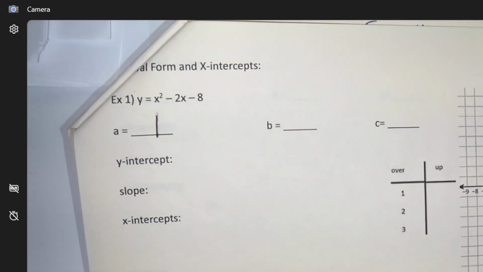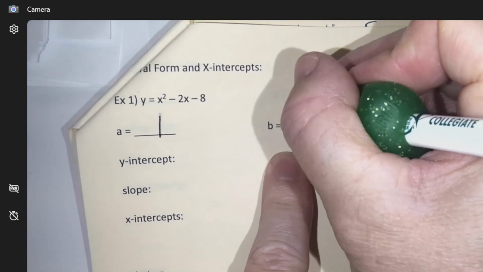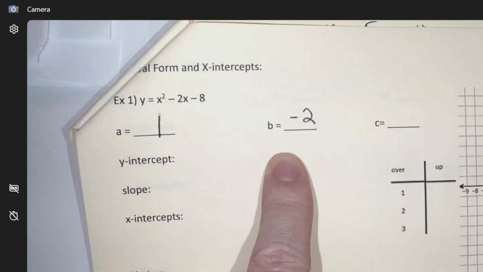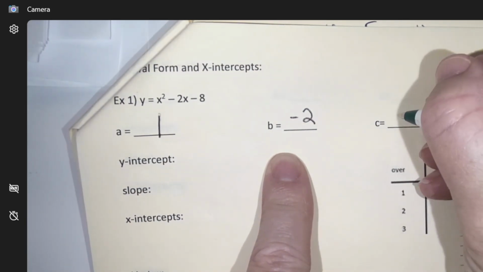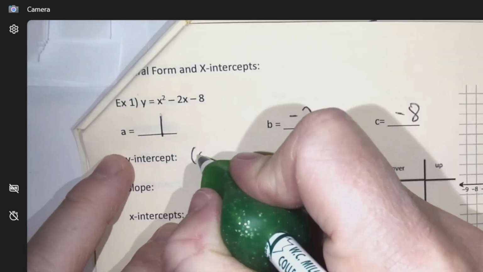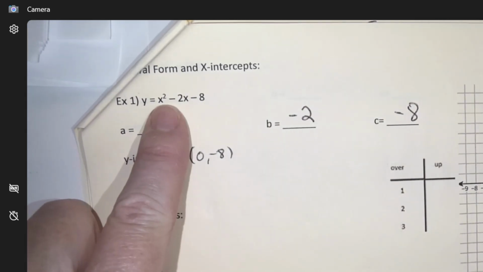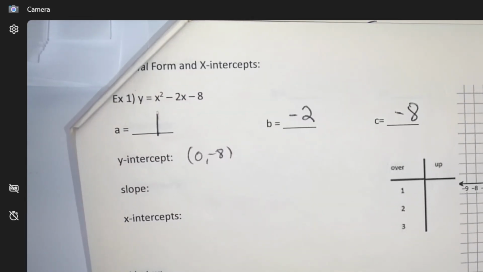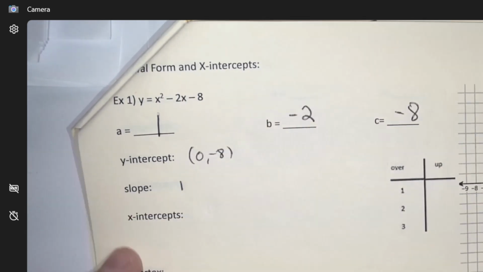It's just 1 x squared. -2 is the value of x's, and -8 is the constant value. Okay, y-intercept, 1 second. -8. There's no x's, boom, -8. The slope, 1.